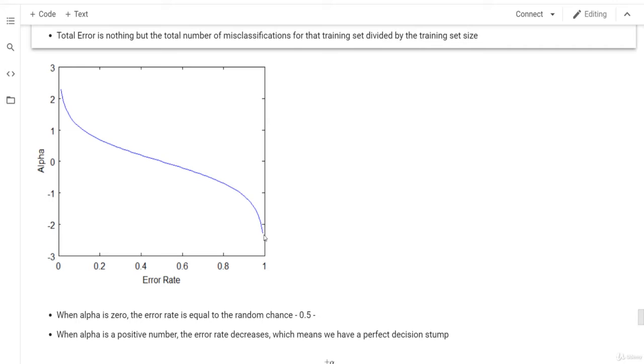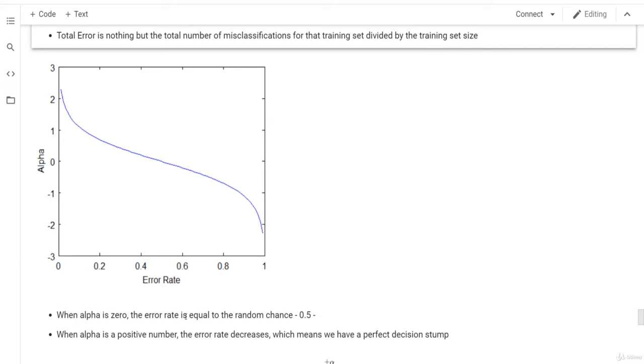So if this decision stump is telling you that this should be 0, then we will say it's 1. If it's saying it should be 1, then we will say it's 0, right? So if the error rate is 1, then this specific decision stump is actually giving us an accuracy of 100%, right? So the maximum error rate is actually 0.5, because this way it's basically random chance.